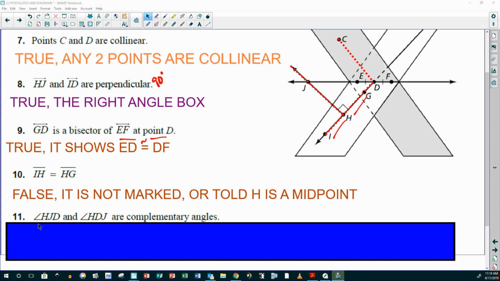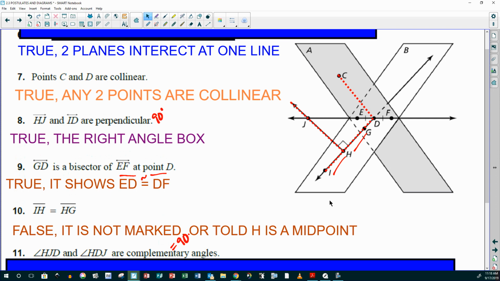So here it says that angle HJD and angle HDJ are complementary. So I need to remember that complementary means two angles that add up to 90 degrees. So I'm going to look up here and find these two angles and see if I can determine if they are complementary. Angle HJD, so H to J to D, is this angle right here.